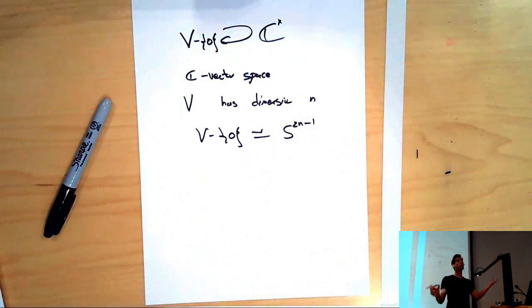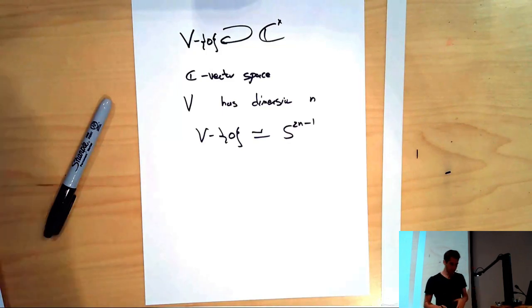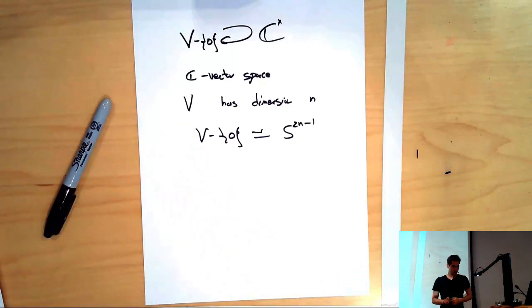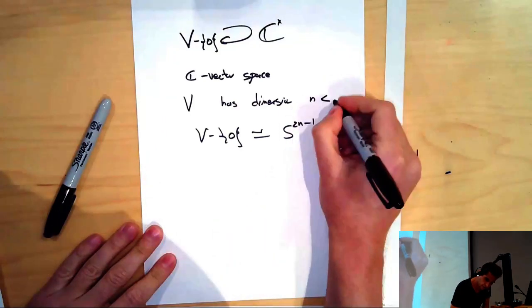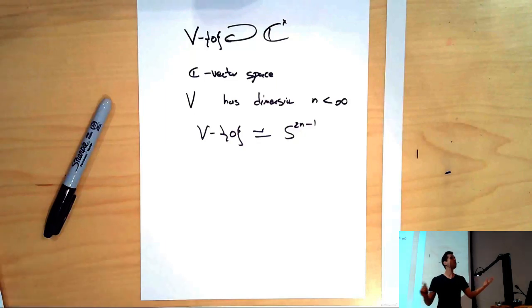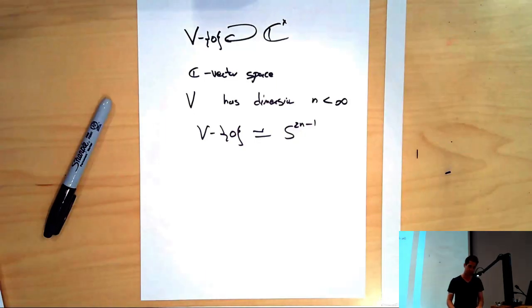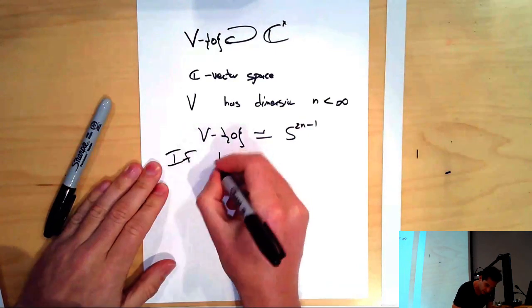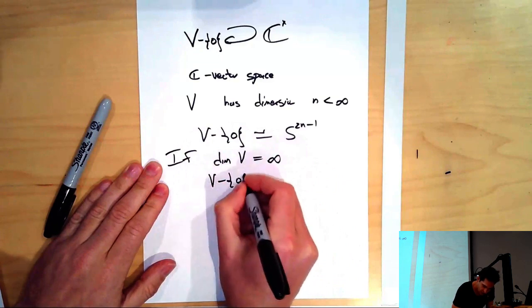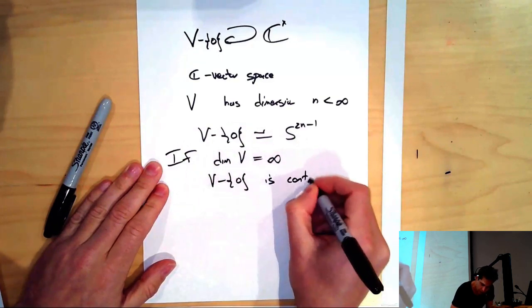So V, before you remove the origin, is a contractible space, but after you remove the origin, it's no longer contractible. It now has this cycle enclosing 0. At least that's what happens when V has dimension n, which is less than infinity. But if you took an infinite dimensional complex vector space, then removing the origin actually doesn't change its homotopy type. So if the dimension of V is infinity, then V minus the origin is still contractible.